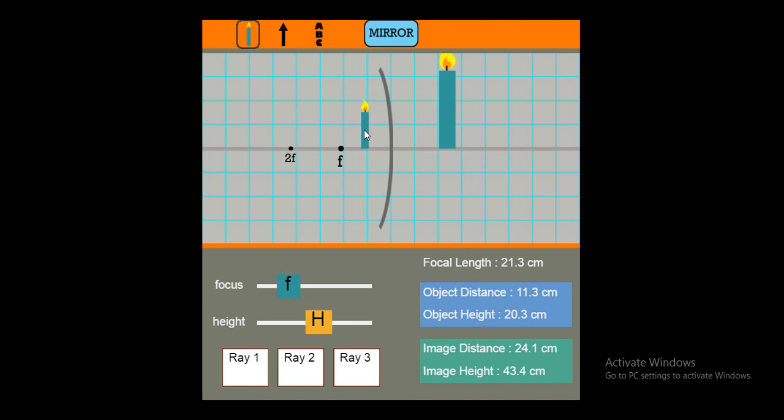The first instance is the object is placed between the mirror and the focal point f. That means the object distance we place here is smaller than this focal length. This is the focal length. The object distance is always smaller than the focal length. Now we demonstrate how this image is formed.